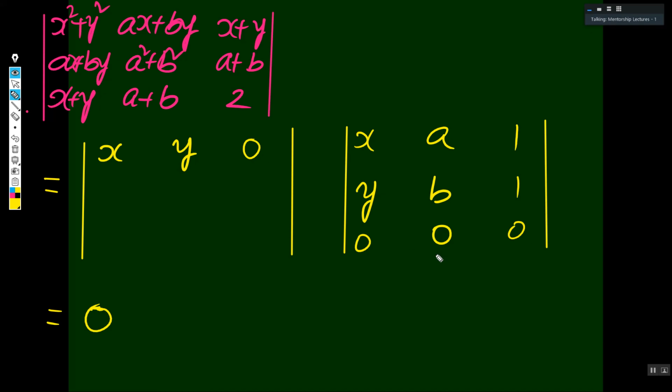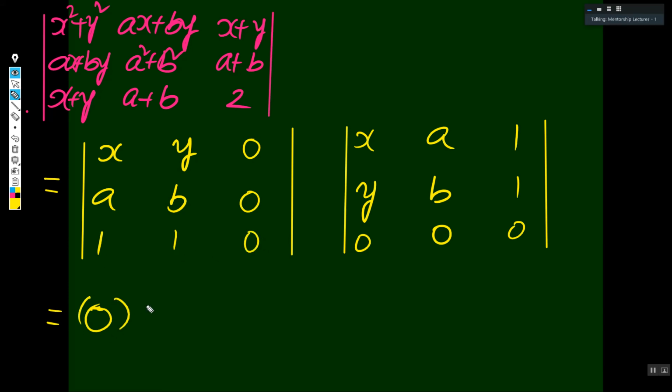Because one of the determinants is 0, you understood. And of course, this can also be written. Anyone, can you help me out in writing the second row here? a, b, 0. And this one? 1, 1, 0.